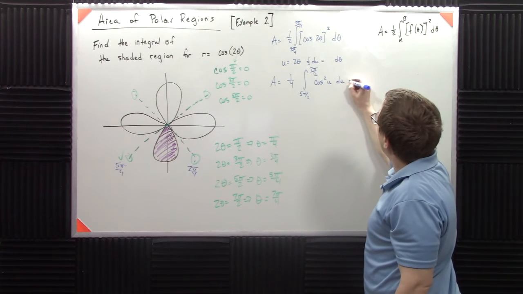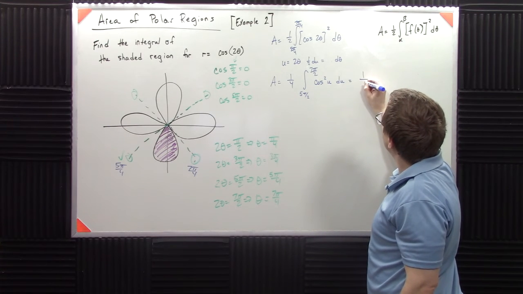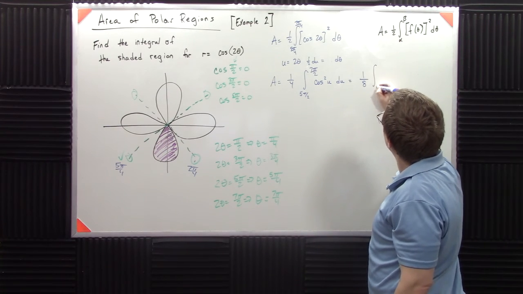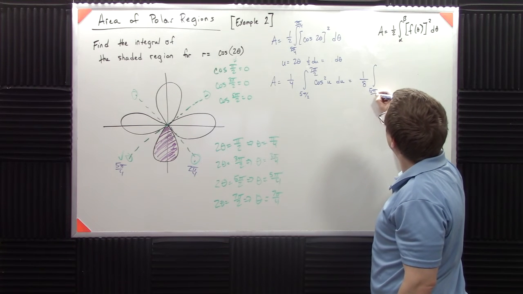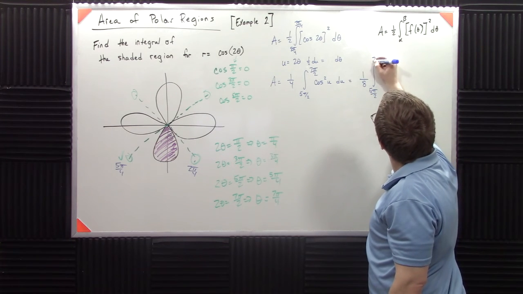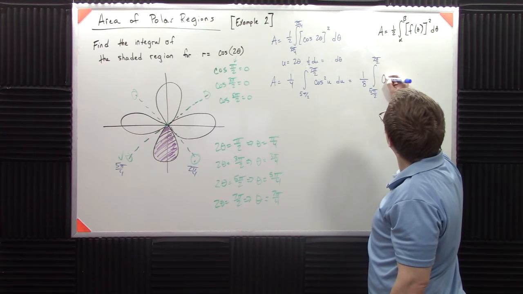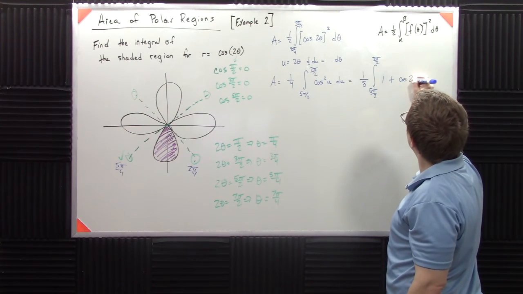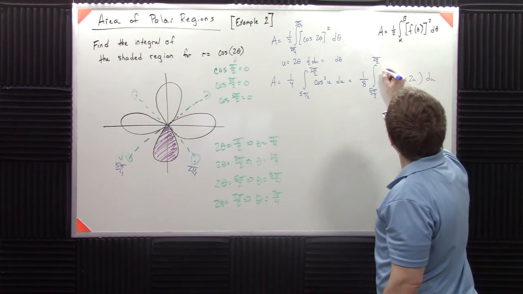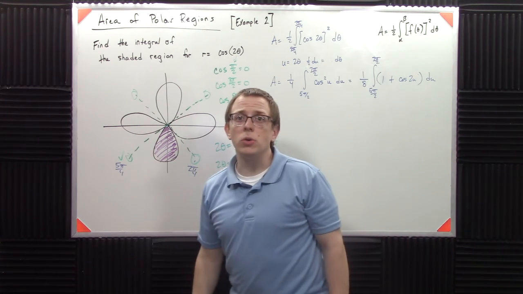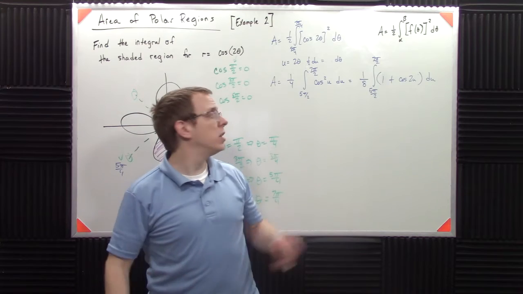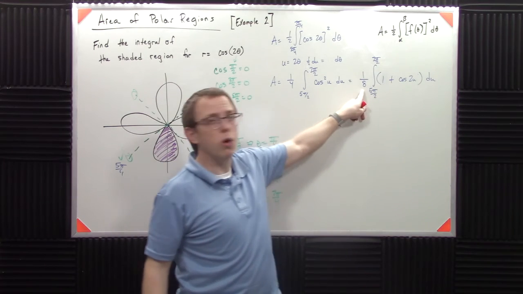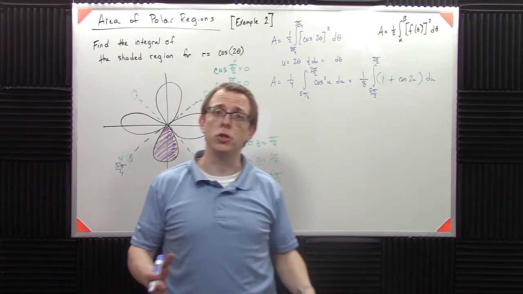So I can use that double angle identity to get 1/8 of 1 plus cosine 2u du. Right, cosine squared of u is 1 plus cosine of 2u over 2, but we already had a fourth, so that turns into an eighth.